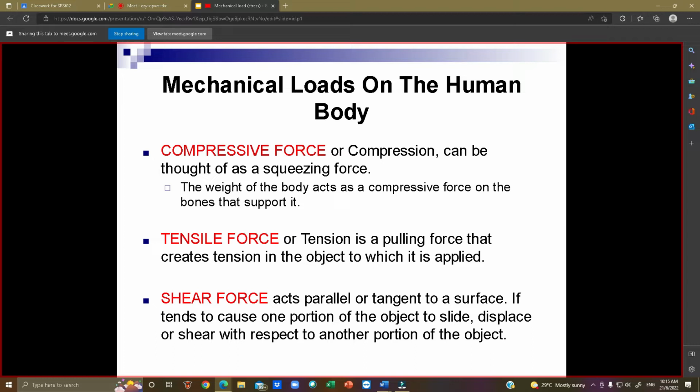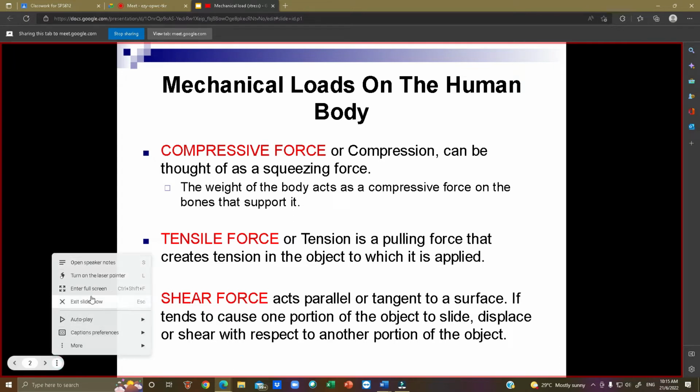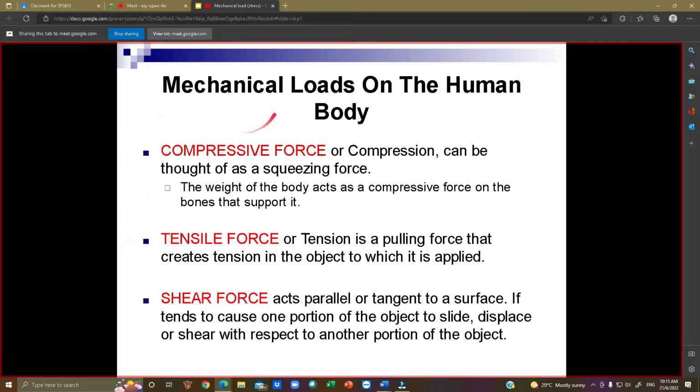Yang kedua, when you see mechanical loads, ni mechanical. Okay, mechanical, it means it is caused by some mechanism. Mechanism apa? Kinetics, pergerakan. Alright.